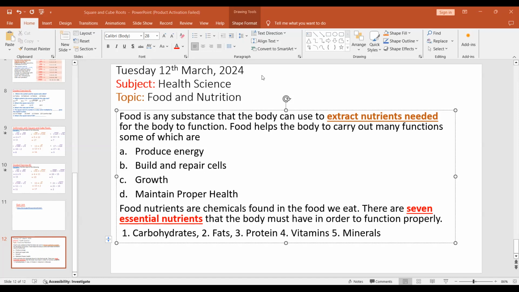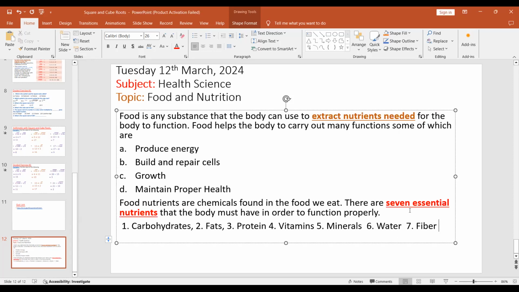They help with strong bones and teeth, right? In fact, your bones are a storage place for calcium and phosphorus. So the next one, number 6, is water. And then number 7 is fiber.